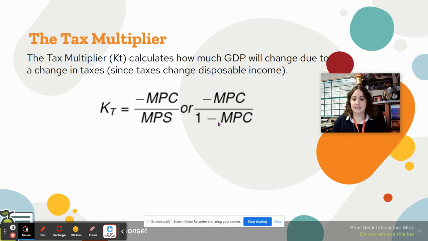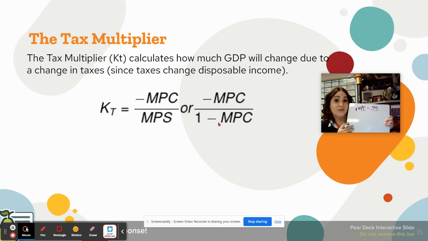Let's say that you were given MPC is 0.75. That is a common MPC that is given on the AP test. And so to find the tax multiplier, you would do negative MPC over MPS, which in this case is negative 0.75, because 0.75 is the MPC, but you make it negative.